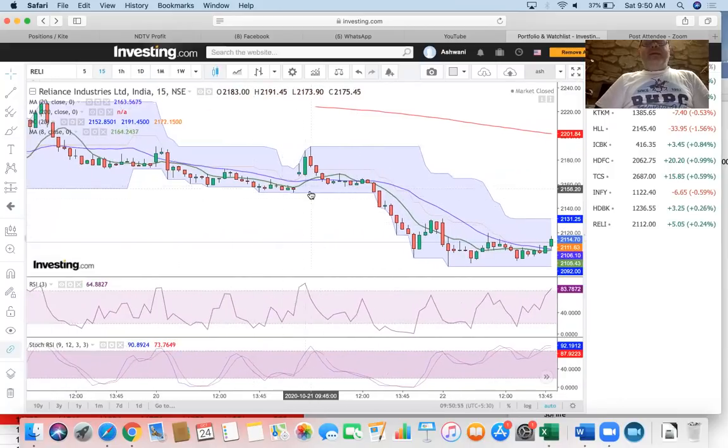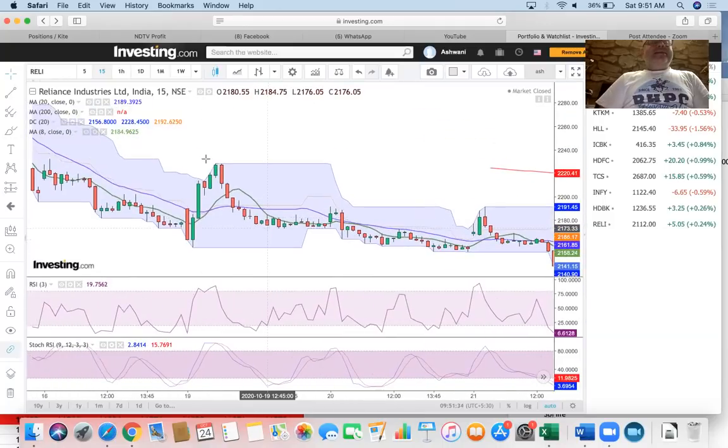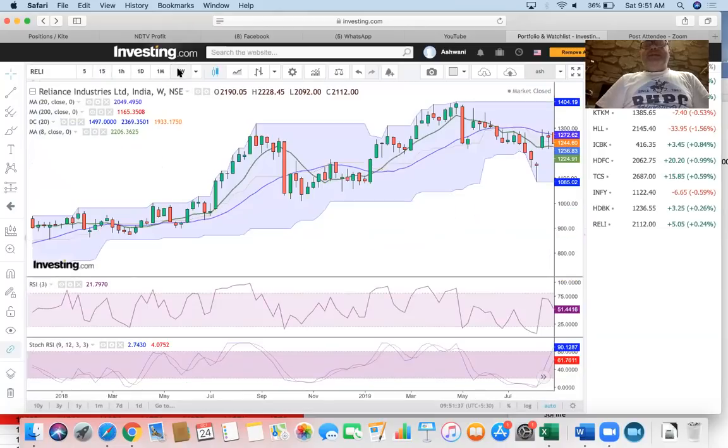Here, the low was 2154, okay, of the previous session. The moment 2154 broke, you got this strong downside move. So the idea is that you had this close level with you, and the moment market started to come down, you got a serious level of decline. Okay, so this is how you should be trying to trade these amazing levels.